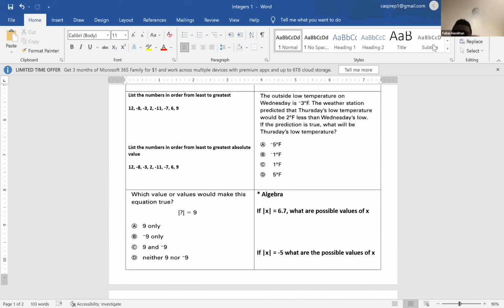So with the least starting, it would be -11, -8, -7, -3, 2. I lost you after 2, Taylor. Was it 2? All right, 6, 9, and 12. Okay. All right. So part B of the question, is that what you got, Taylor?